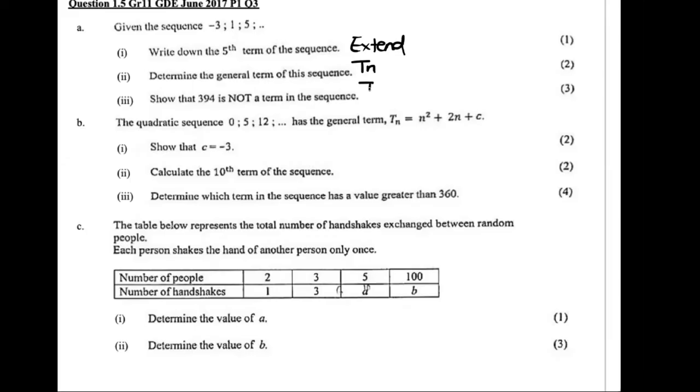We are going to say, okay, Tn equals 394, and then we're going to see what happens. So we're going to extend our pattern, we're going to find the general term, and we're going to make Tn equal to 394. All right, before we can answer those questions, tell me, what type of pattern are we dealing with? -3, 1, 5.